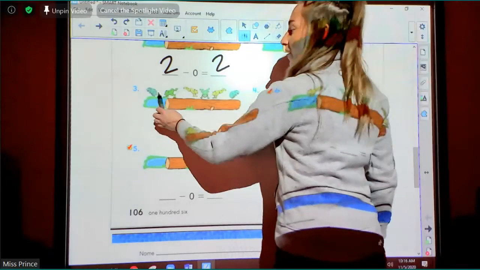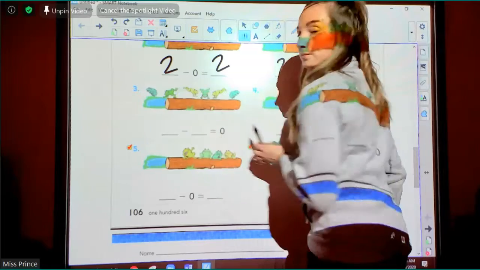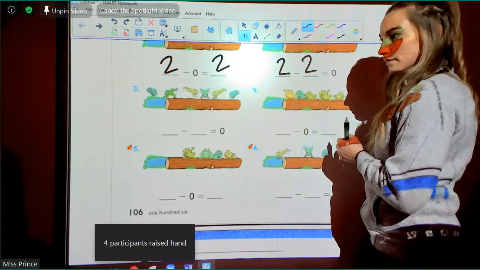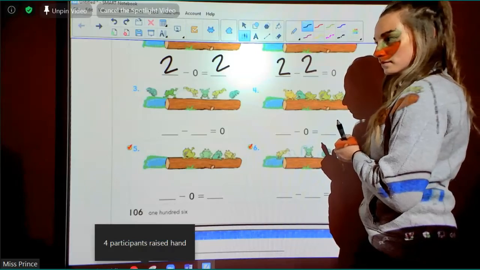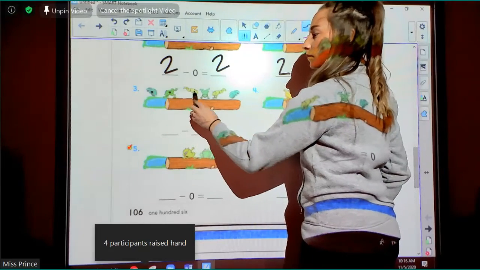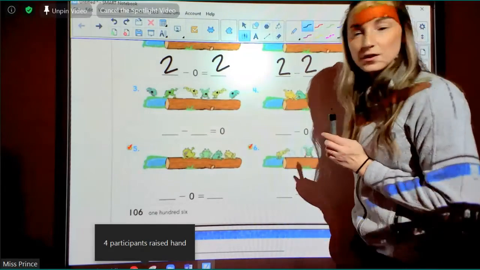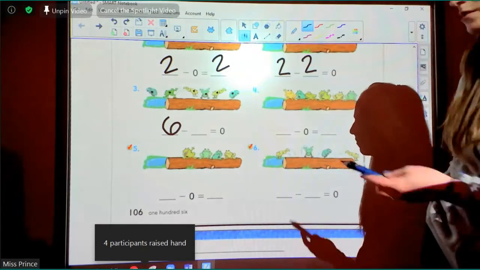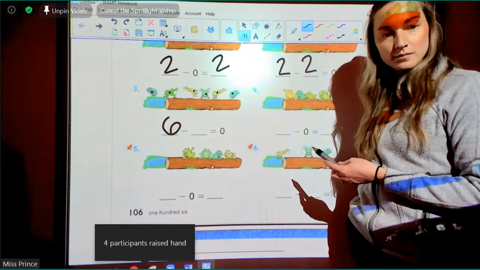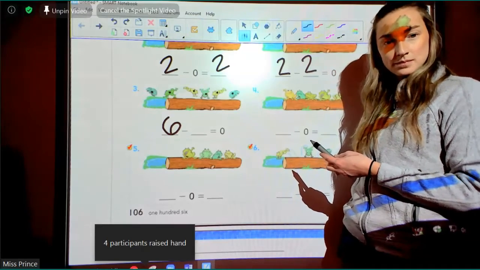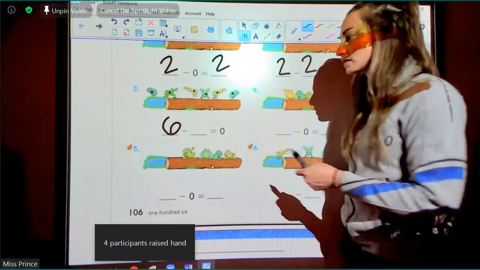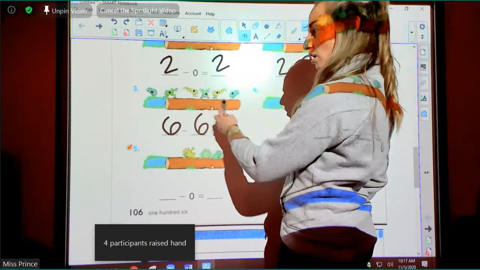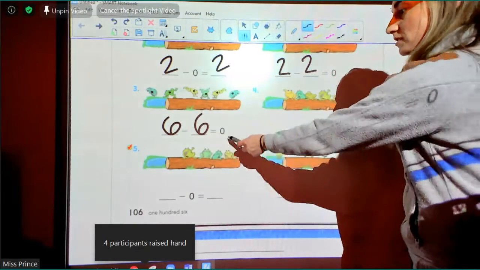Xander, will you let me know how many frogs are here? 6 frogs. But they're all jumping off of the log. So how many do we take away, Xander? 6. So we had 6 frogs to start with, but then we took all the frogs away. They all jumped off, so now we have 0.